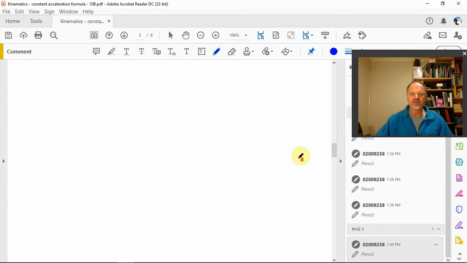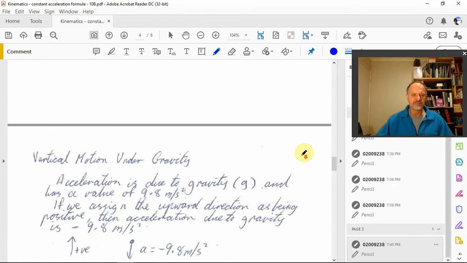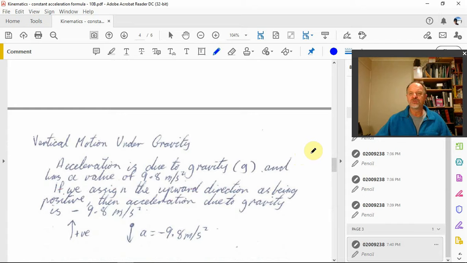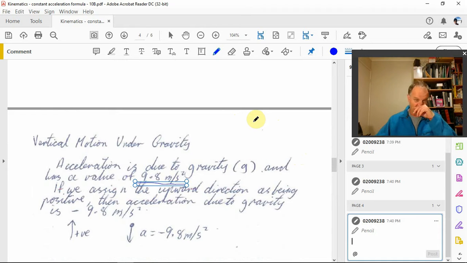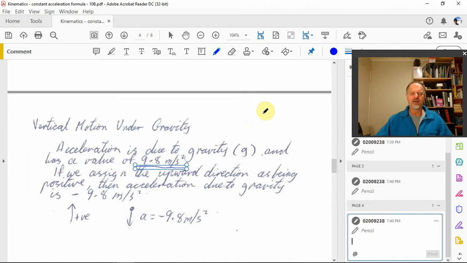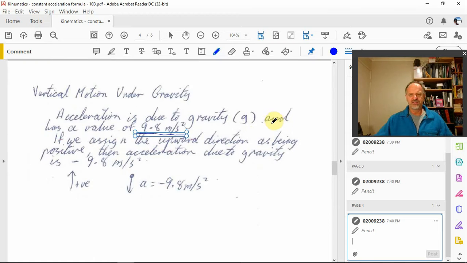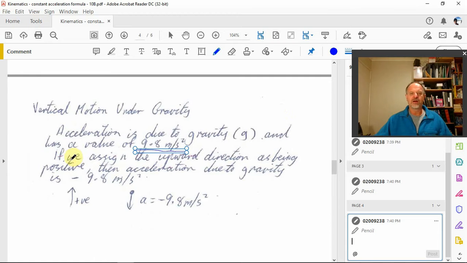Another example that we're going to use is vertical motion. We can use vertical motion under gravity, because the acceleration due to gravity is constant, and it has a value of 9.8 meters per second squared. And again, as I mentioned in the previous one, I always assign the upwards direction as being positive.